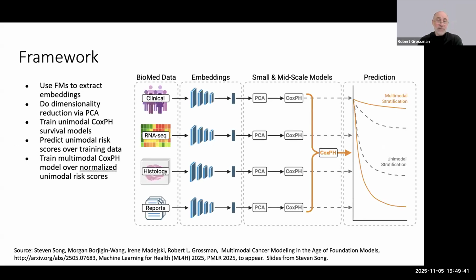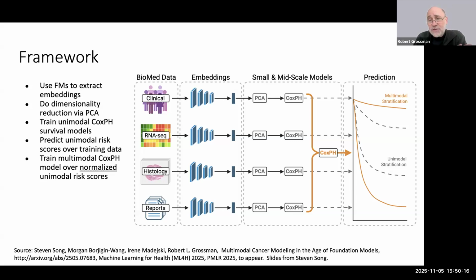So this is from the paper reference. Here, we're just going to build a small classical machine learning model, but we're going to use a number of different embeddings for the clinical, expression, slides and reports. This is a very thorough analysis as part of Stephen Song's PhD thesis, where we're looking at this classical problem initially of survival prediction just because it's still so well studied.